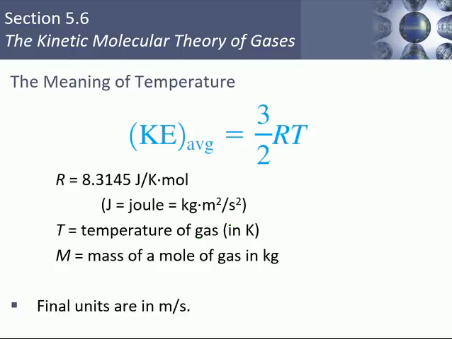Moving on. So we've been talking about temperature as it relates to kinetic energy, kinetic motion. But what does it really mean here? Right here we have the average kinetic energy, and we have to say average because we can't really know the kinetic energy of each specific individual gas particle. It's a little bit unknowable.